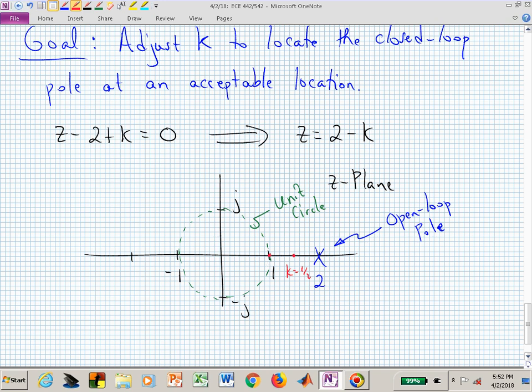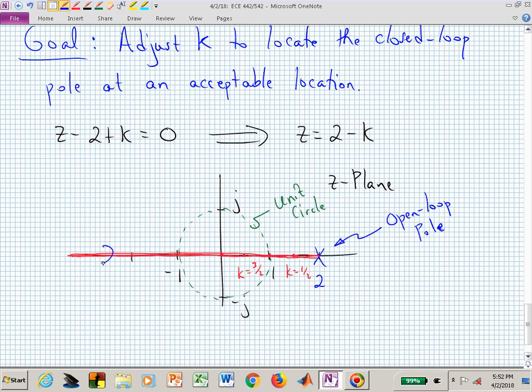If I said K equal to 3/2, I'm right here. K equal to 2, I'm right there. Do you see that I'm actually able to put my closed loop poles anywhere I want on this line starting at 2 and going all the way to minus infinity?